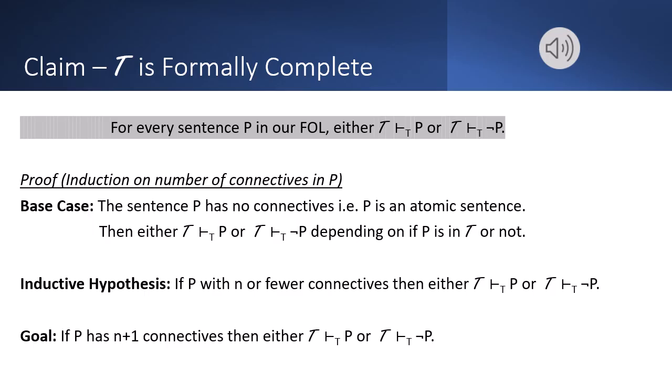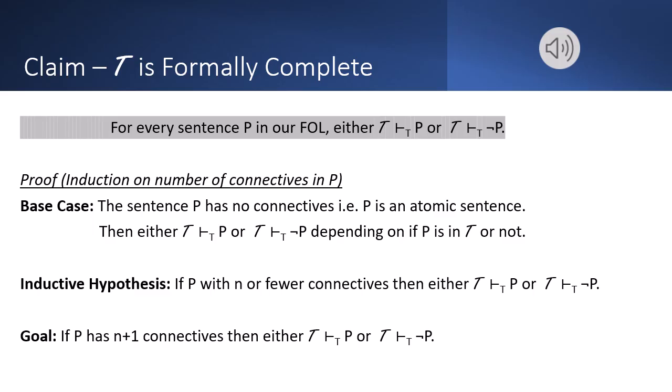Now let's consider the inductive hypothesis, and that'll be that our statement up there, highlighted in gray, is true for sentences in our first order language that have n or fewer connectives in them.